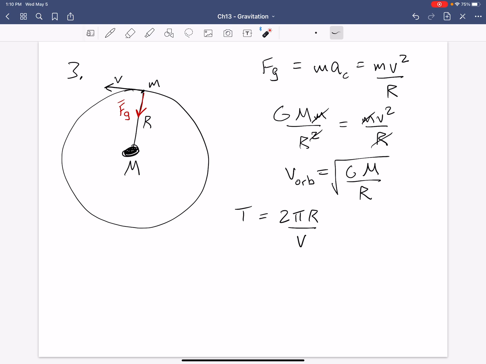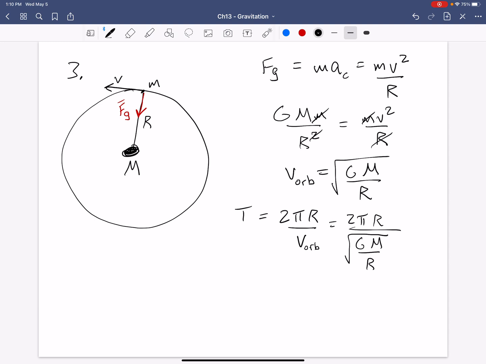And this is coming from distance equals rate times time. So solving for time gives us distance, which is the circumference of this circle, divided by the rate, which is that v orb. So now plugging this in gives us 2 pi r over the square root of GM over r. I have to keep the square root because it's just v orb, not v orb squared.